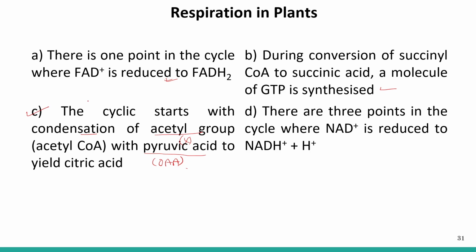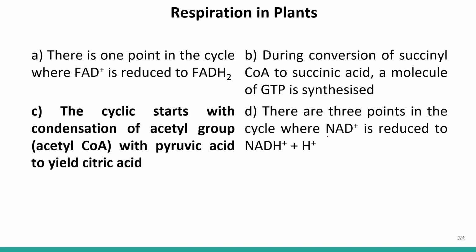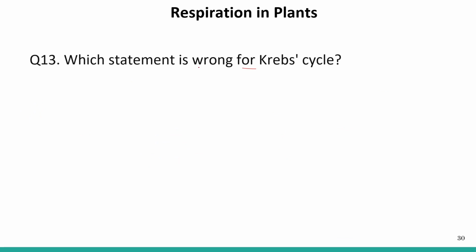Next option is there are 3 points in the cycle where NAD is reduced to NADH. So what is the correct answer? Answer is option C, because here oxaloacetic acid is involved. All the other options are correct, and we have to mention the wrong statement.